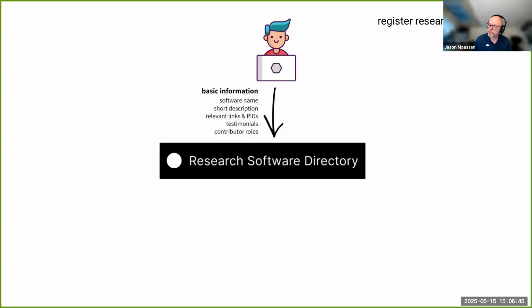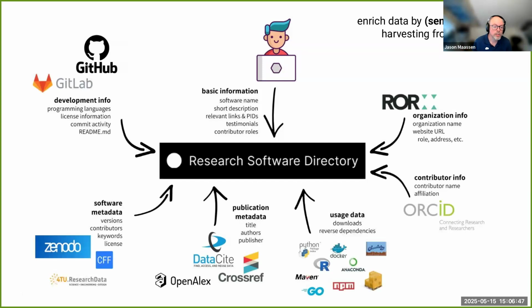Based on this information, the RSD will semi-automatically or automatically sometimes start harvesting information from many different sources to enrich the data we have about the software. So we get development information from GitHub or GitLab. We get information like downloads from things like PyPI or CRAN or NPM. We get information on citations from OpenAlex, etc.